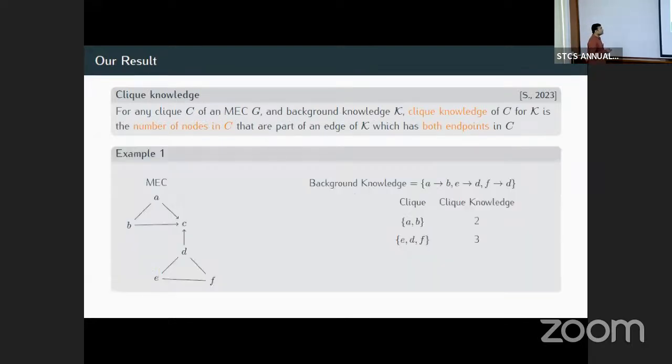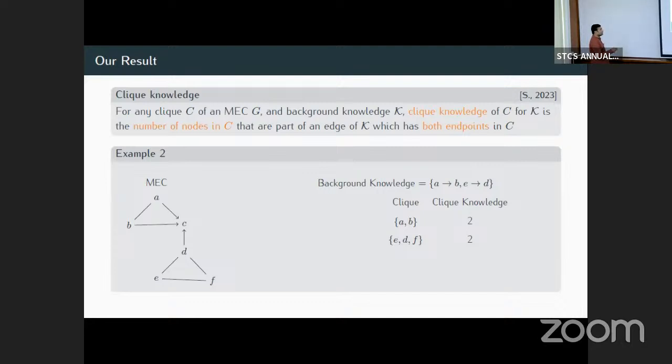Clique knowledge is defined for a given MEC and background knowledge, for any clique. In this MEC, this AB is a clique. The clique knowledge of this AB is the number of nodes of this clique that are part of an edge in the background knowledge with both endpoints in this clique. Both A and B are part of this edge A to B, so this clique has clique knowledge 2.